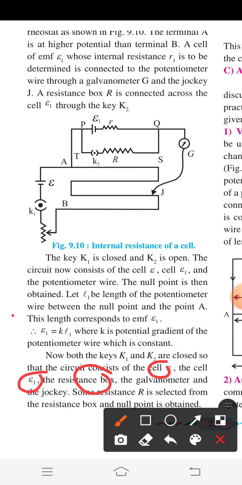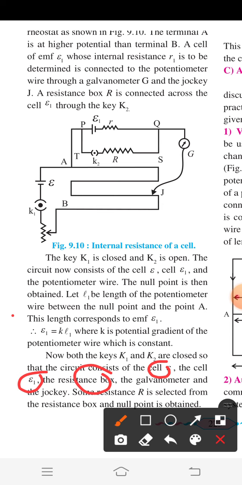Some resistance R is selected from the resistance box and the jockey is placed at different points along wire AB. Then we get a single point at which the galvanometer shows zero deflection.